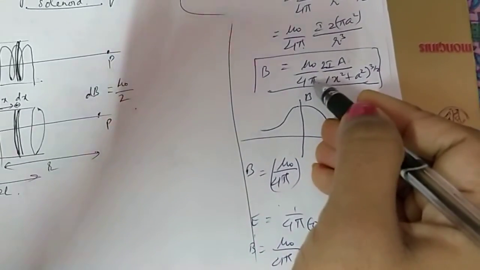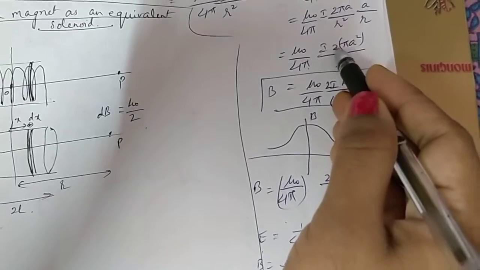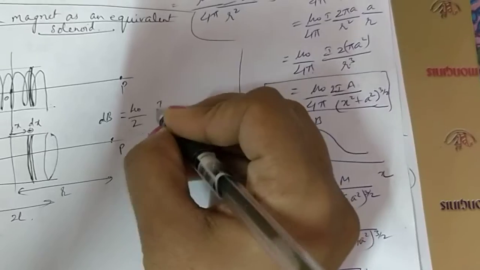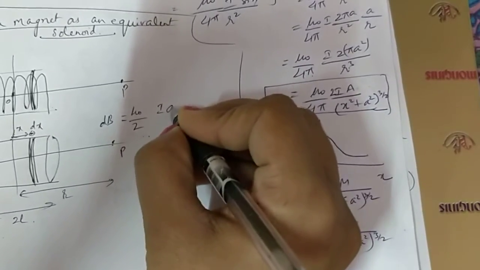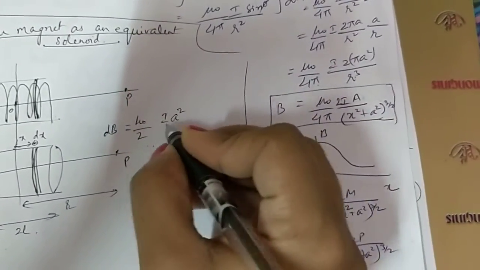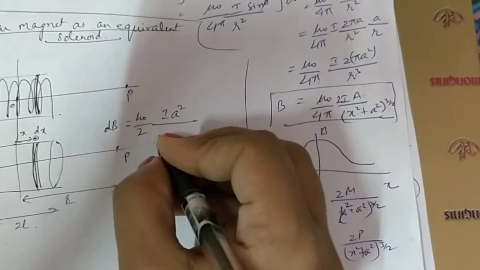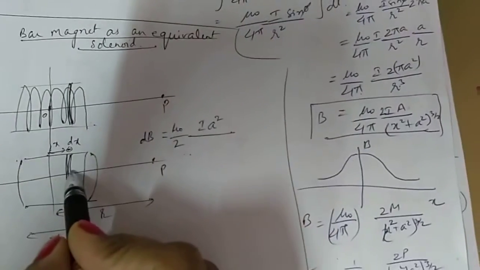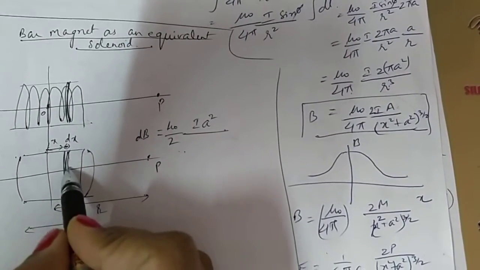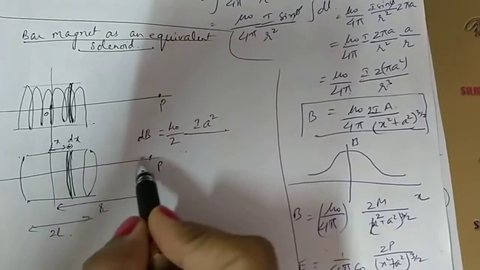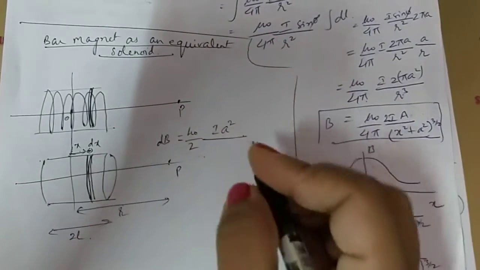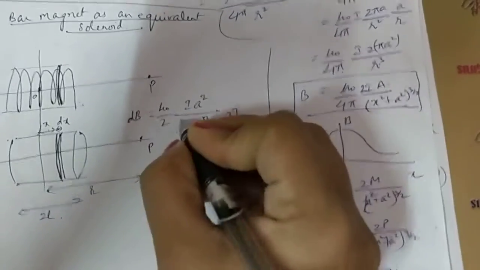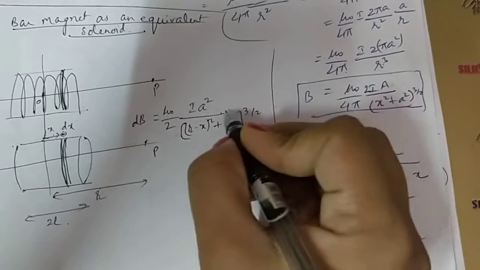I have cancelled the pi and 2 with this, so only mu naught by 2 I am getting, I a square divided by r cube, that was x square plus a square. So I have this a square and this distance square. This distance is r minus x. So (r minus x) whole square plus a square, whole raised to power 3 by 2. Okay, this is what I am getting.